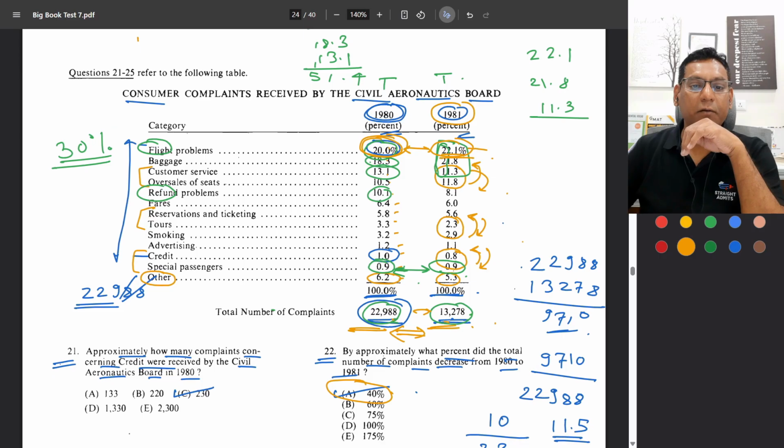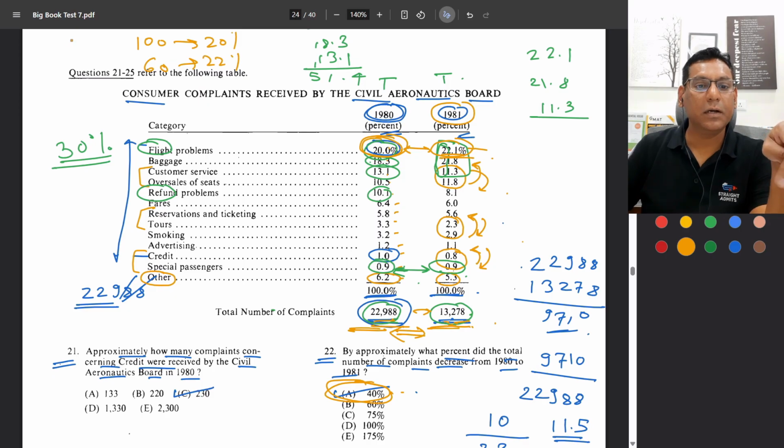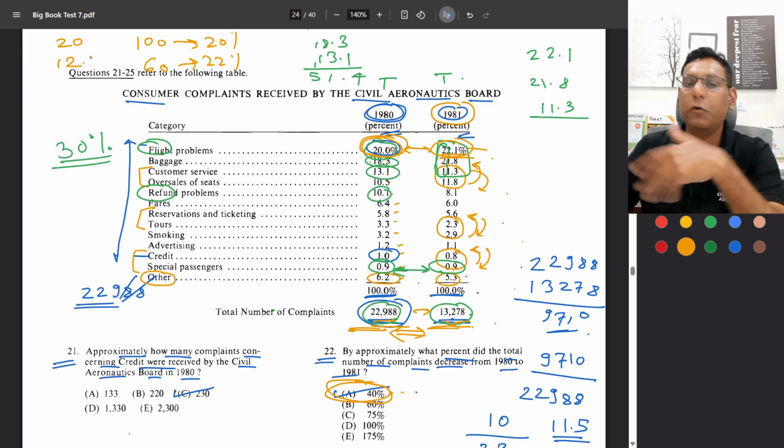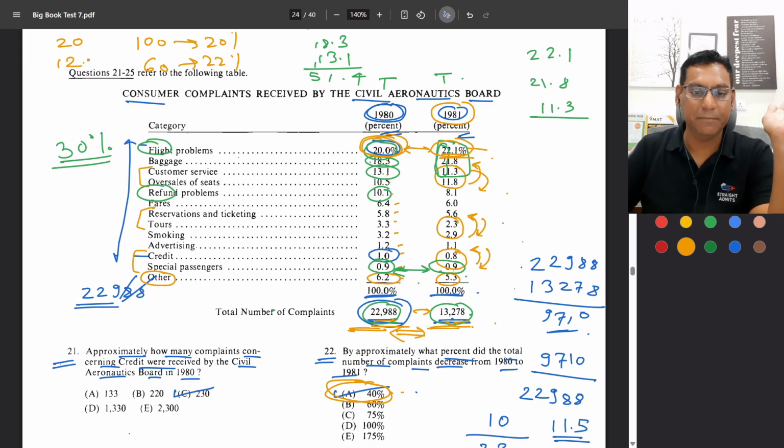Think about it. From 100 you take 20%, and from 60 you take 22%. If this is 100, this is 60, right? That's what we found out here. So 20% of 100 is 20, 22% of 60 is something like 12 point something, 13 point something, 14 at max. I'm not doing the math, but obviously this number is going to be much bigger.